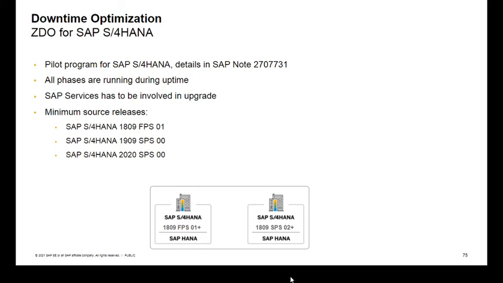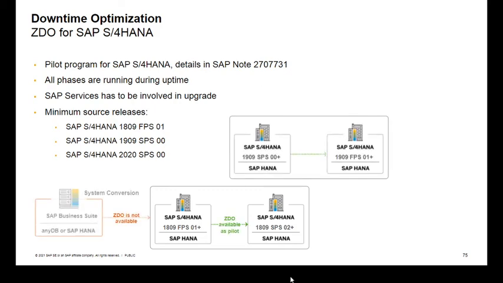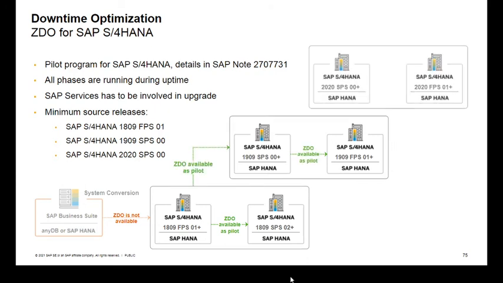Let me go through that as well. It's only available for certain paths. So you would check the note, and the note will tell you which paths are supported. And then, again, this would require SAP services involvement. You would be sketching out a plan. You copy your production to Sandbox.